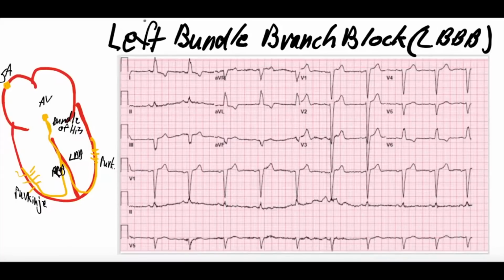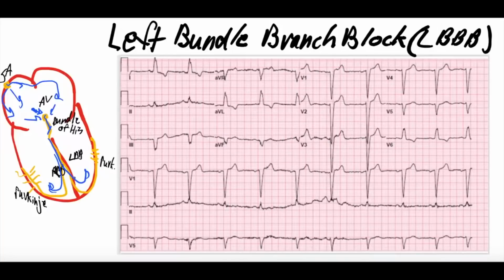So usually your conduction goes: you get your SA node, and we come all through the atria and go down into your AV node, right? And then there's a little slowing here. We go down the bundle of His, and then into the left and right bundle branches.